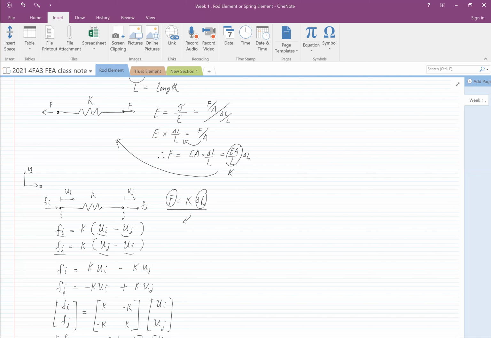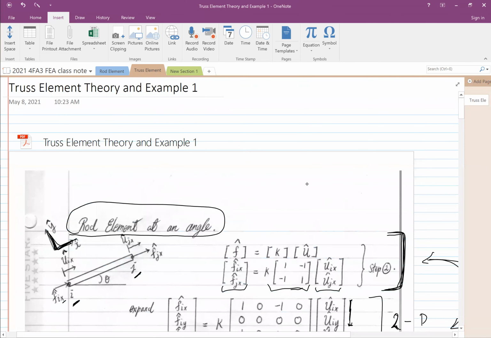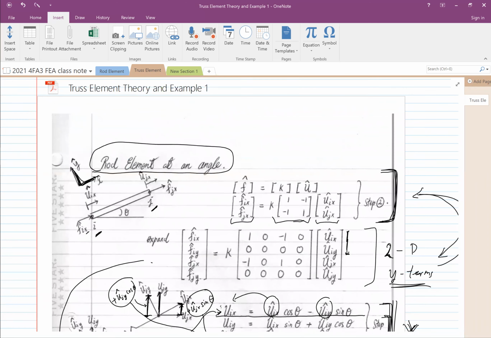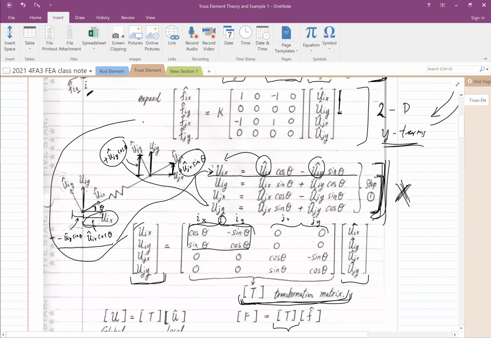Sir, I had a question on those notes, the truss notes. If you go back to your slide, I think it's page 2 of 5.